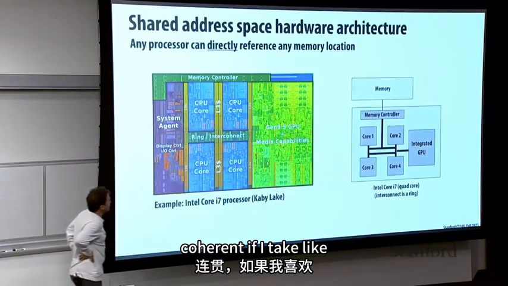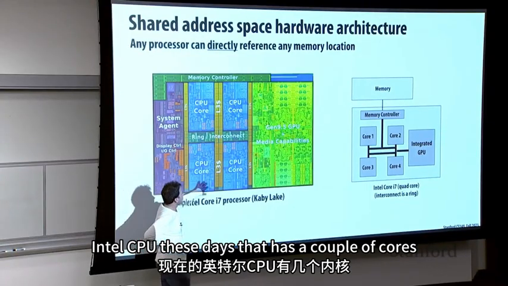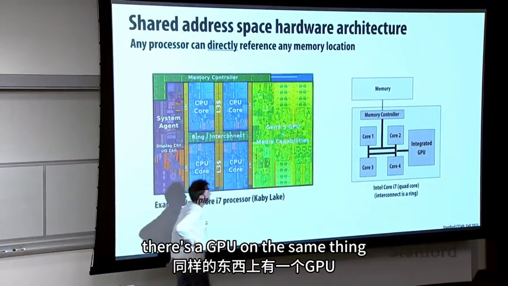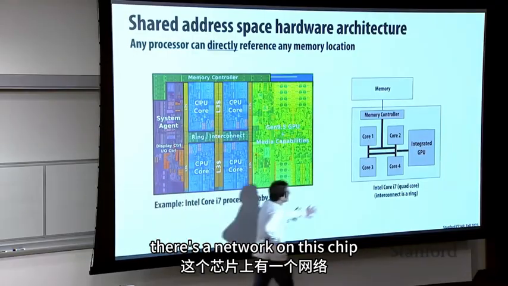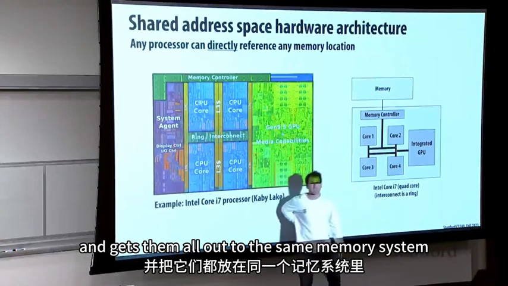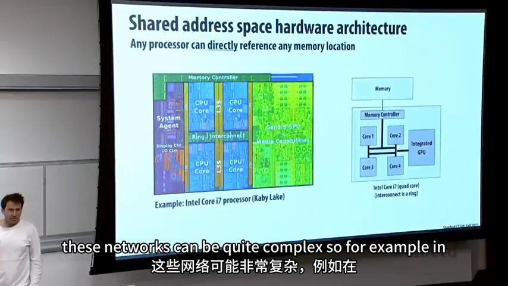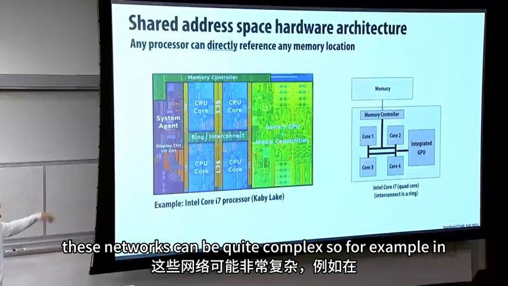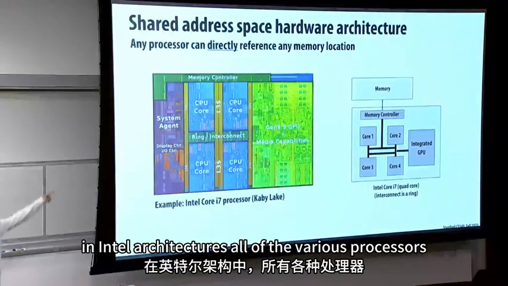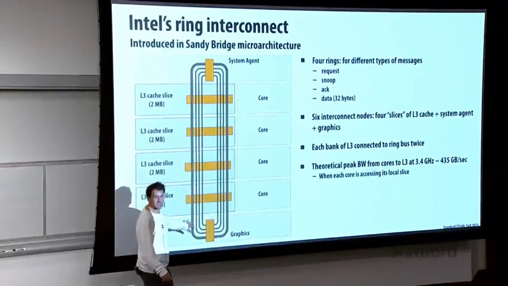If I take a standard Intel CPU these days, it has a couple of cores, there's a GPU on the same chip, and there's a network on this chip that connects all those cores and gets them all out to the same memory system. These networks can be quite complex. For example, in Intel architectures, all of the various processors are connected together and to memory by a ring.